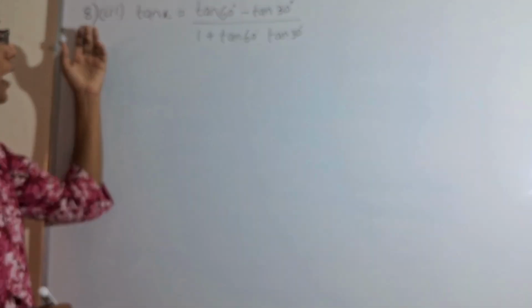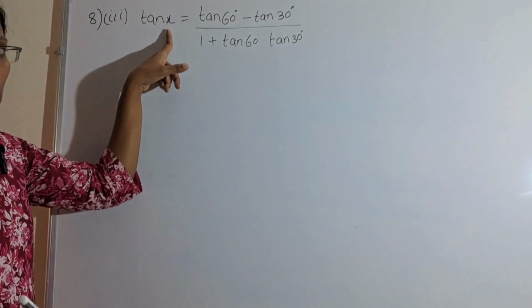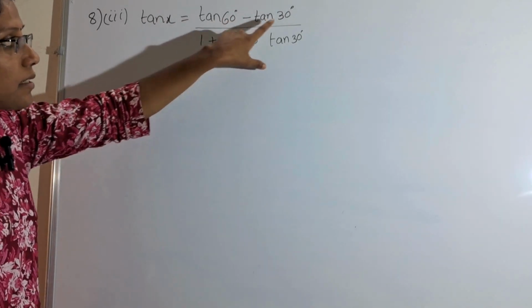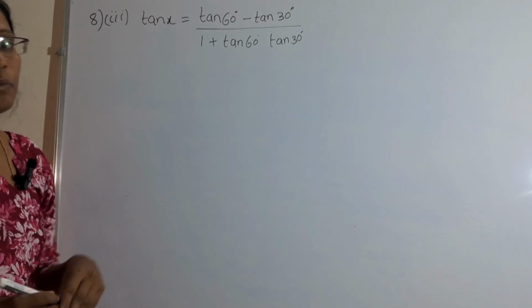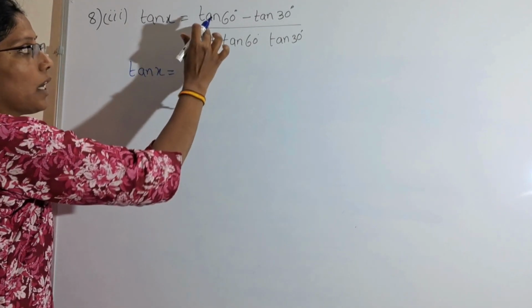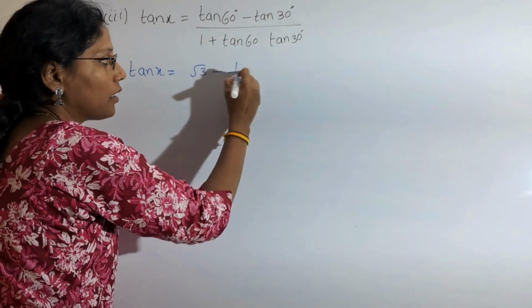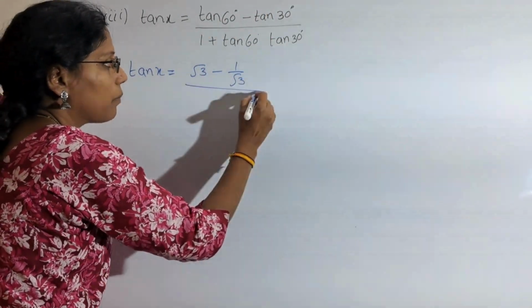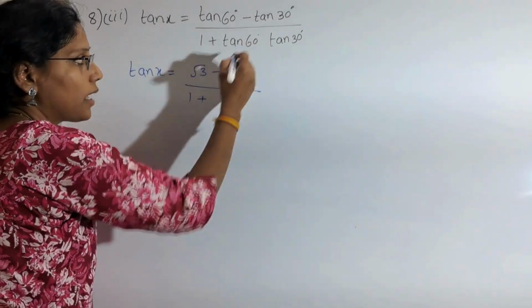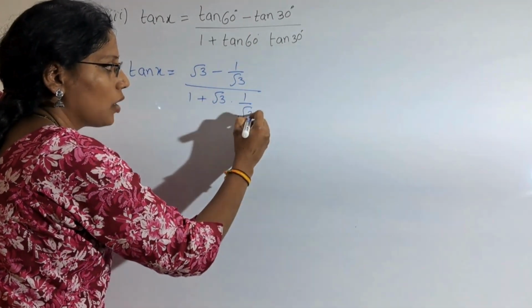Next problem, 8th main, third problem. In this problem also we have to find the value of x. Here we substitute the values of tan 60 and tan 30. Tan x is equal to tan 60, root 3, minus tan 30, 1 by root 3, by 1 plus tan 60, root 3, into tan 30, 1 by root 3.